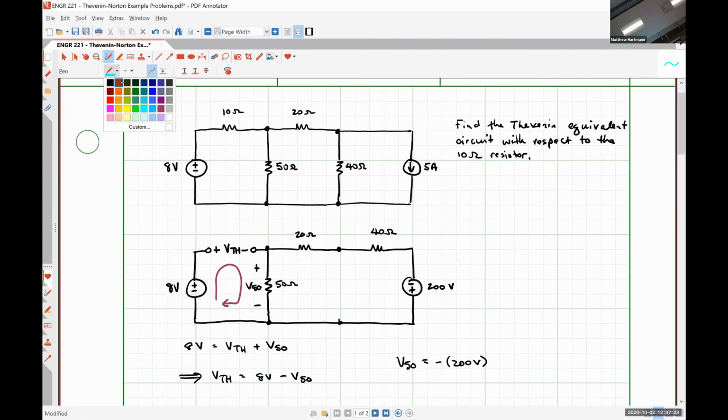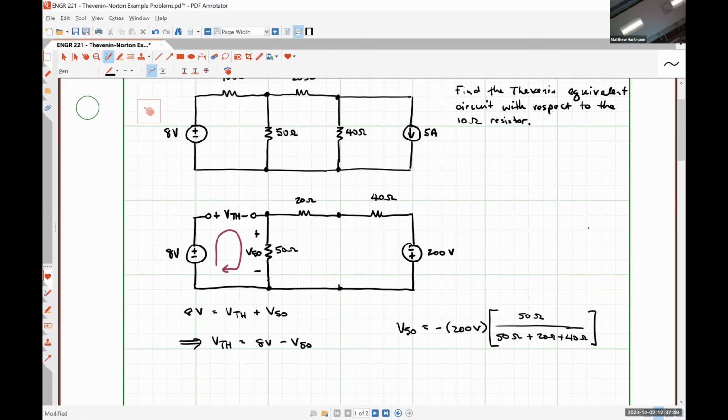And so we should see that V50 is negative 200 volts times 50 ohms, the resistance we're interested in, in our numerator, divided by the total series resistance seen by the 200 volt source, which is 50 plus 20 plus 40.